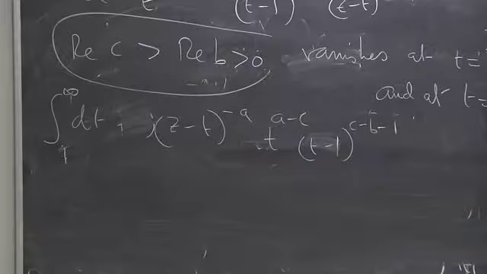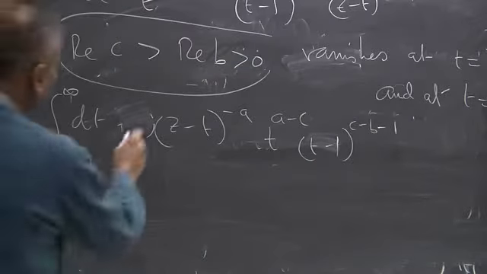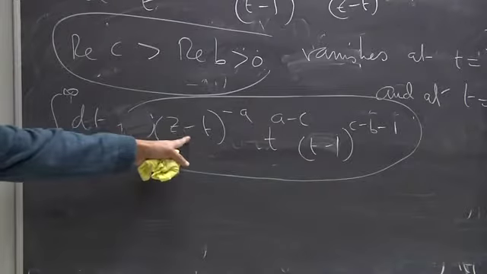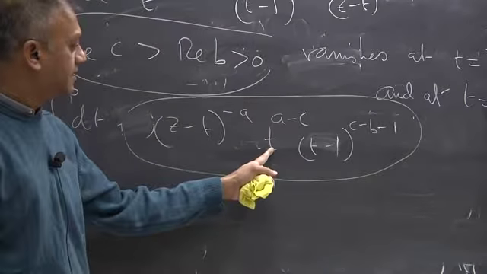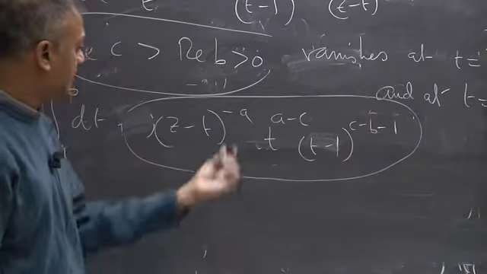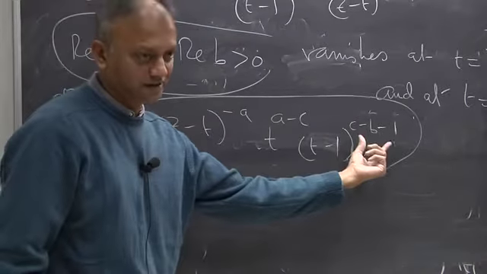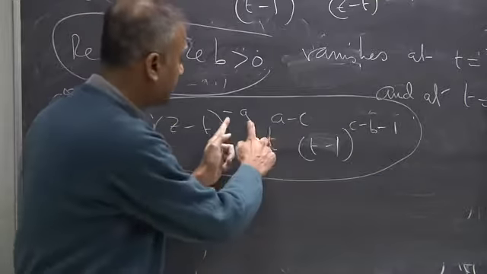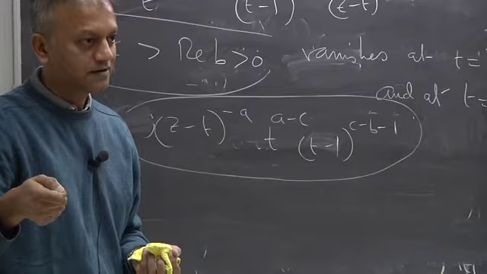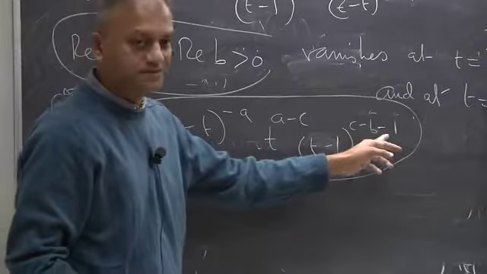So you get this. But if you look at this function that I'm integrating as a function of t, for generic values of a, b, c, these powers will not be integers. For them to be integers, it has to be some special values of a, b, and c. But generically, there will be branch cuts.